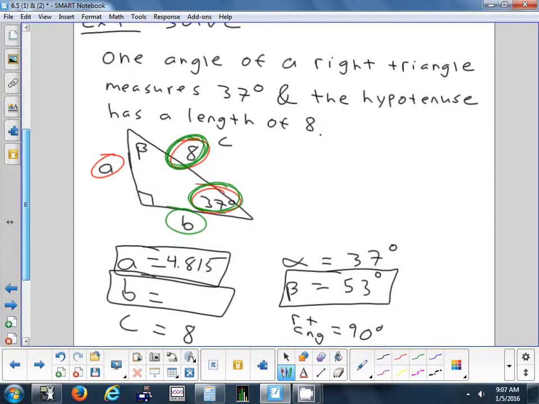Yep, this time we're going to use cosine. So the cosine of 37 equals adjacent over hypotenuse. Okay, we're going to solve the same way we just solved for A. Multiply both sides by 8. And there's our answer. 8 cosine 37.